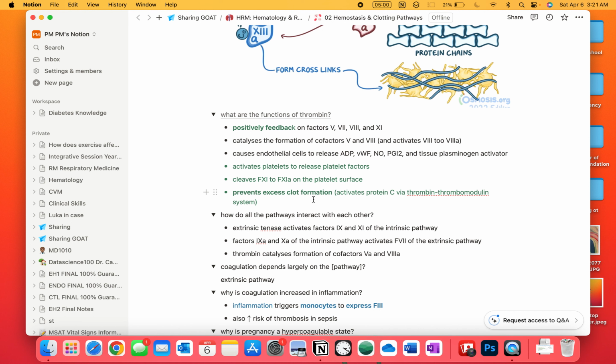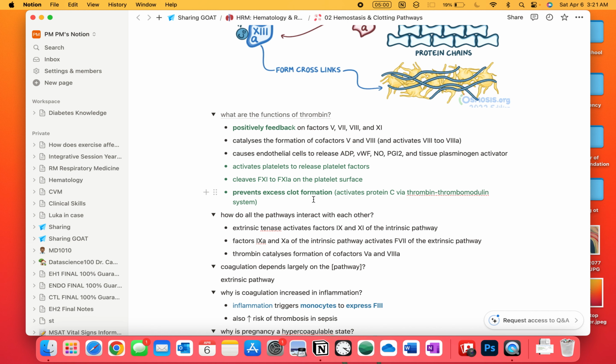Then your factors 11 and 10 of the intrinsic pathway activate factor 7 of the extrinsic pathway. And then your thrombin is catalyzing formation of cofactors 5 and 8A. Again, 8A is going to be your intrinsic pathway. And coagulation is largely depending on the extrinsic pathway.